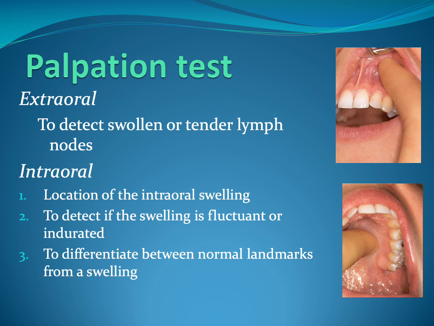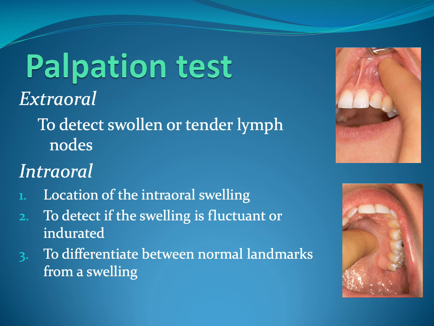And if we have a fluctuant swelling, that means that the pus passed the cortical bone and it is soft. When we palpate the area of the swelling, we will feel it soft under our fingers. So in this case, we will make an incision and drain this abscess.